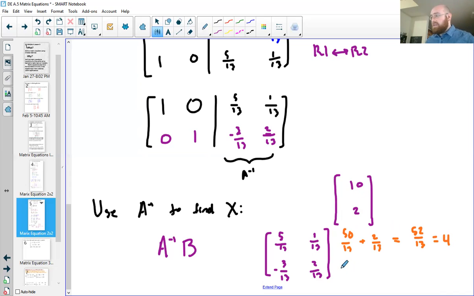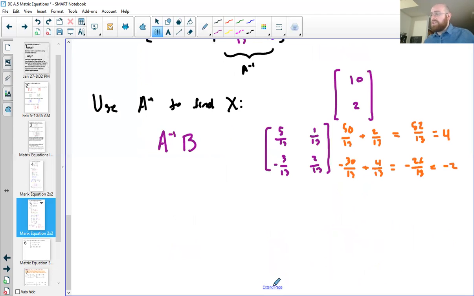Next, we have 10 times -3 over 13, which is going to be -30 over 13, and then plus 4 over 13. That gives us -26 over 13, which reduces to -2.